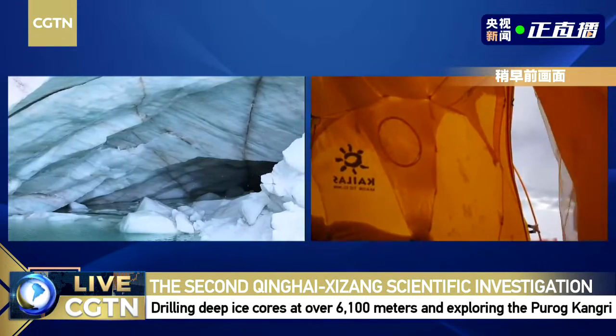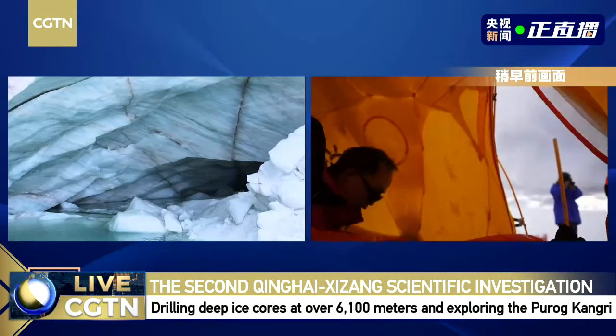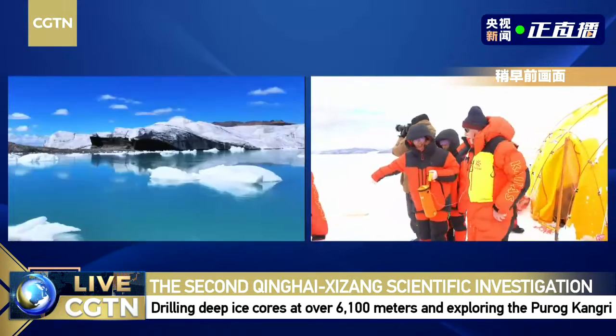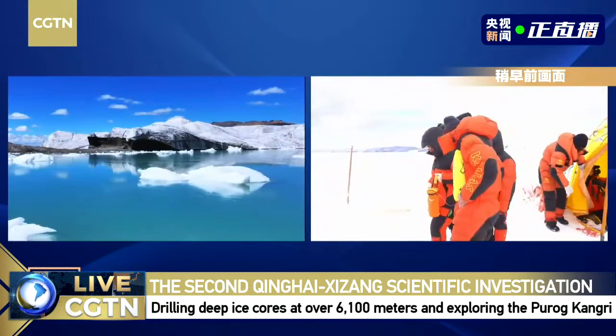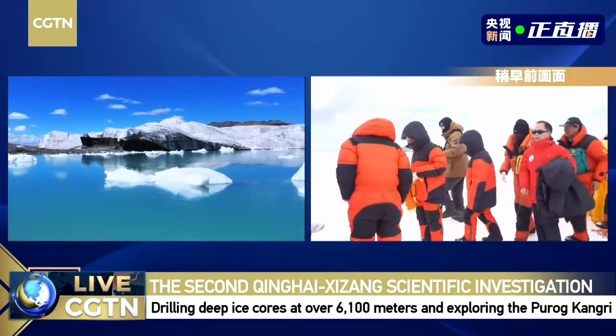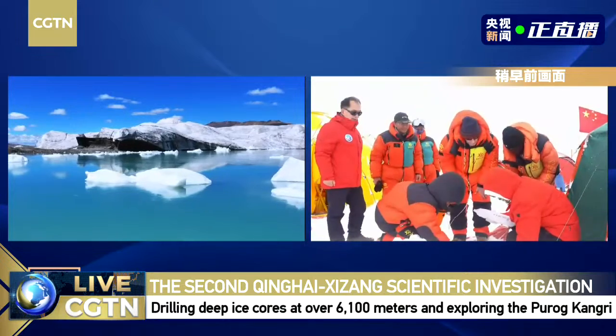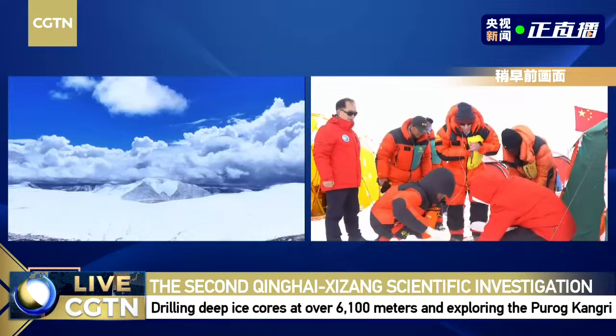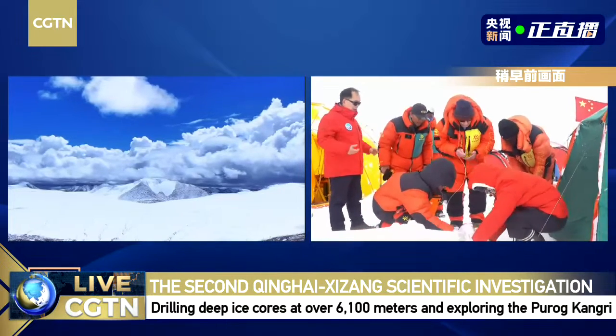Actually it is a very difficult task for us to retrieve the ice core in number 10 glacier, because in this area, from time to time, we suffer from adverse weather conditions, and we are at high altitude. So they have to do their job in the evening, and they take a break in the daytime.